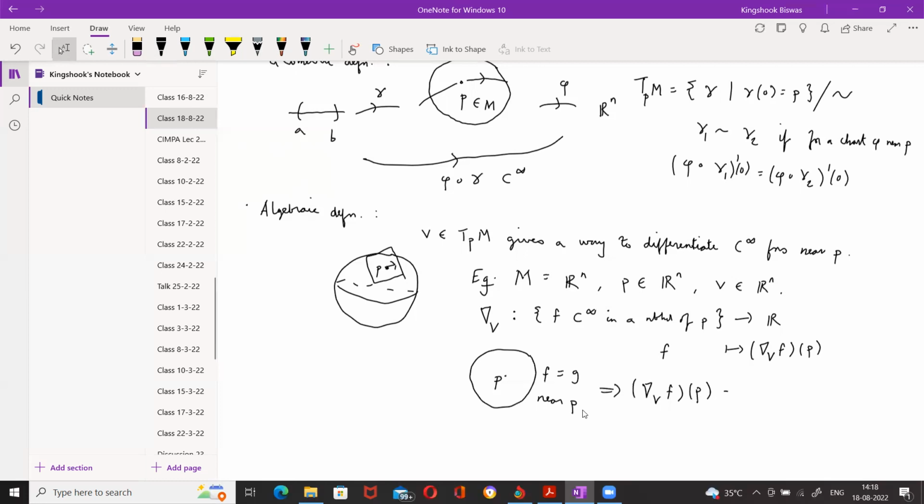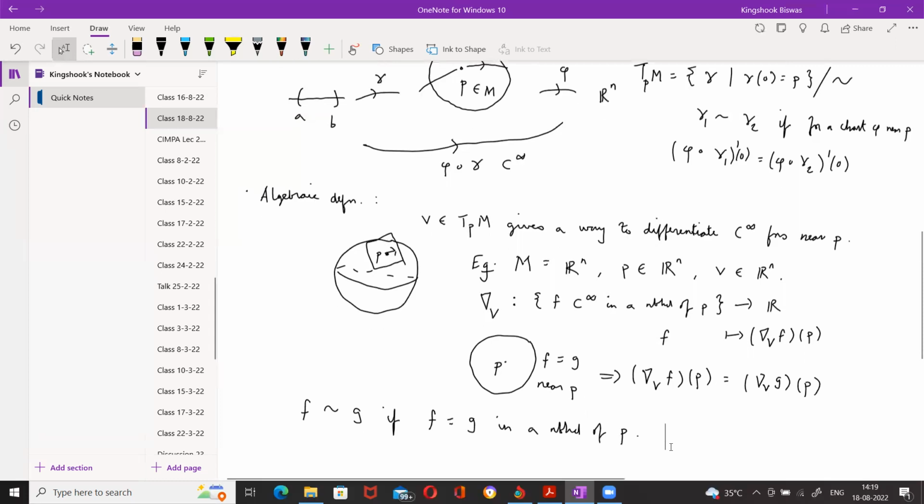So what we should do is look at smooth functions in a neighborhood of P, but modulo an equivalence, where we say that F is equivalent to G if F is equal to G in a neighborhood of P. That should be the actual domain of this linear map nabla_V. So this leads to what's called the space of germs of smooth functions near P.